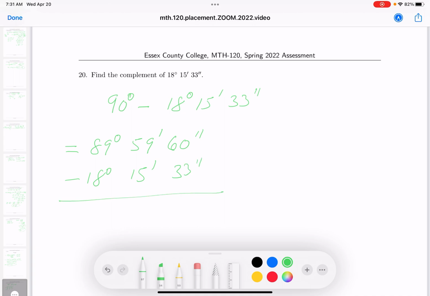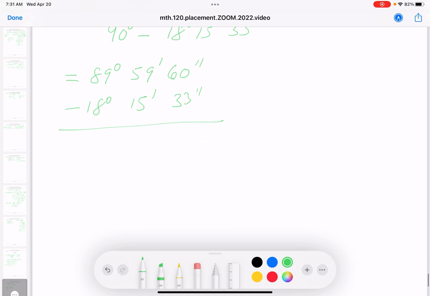Yes, mistakes can happen. I have to do subtraction over here. What are you going to get? Let's see, 27. Pretty simple. No borrowing required, by the way. 15 from 59. Let's see, 44, right? And that's going to be, let's see, 71 degrees. All right? That's the answer.